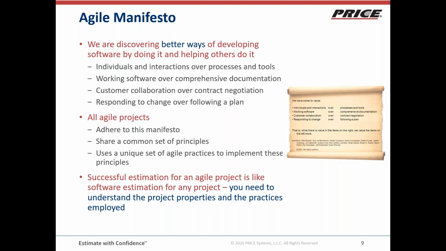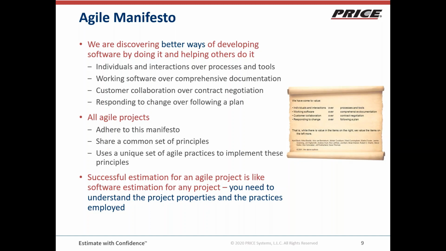And what's important about this, and the reason I read it to you, is that the things on the left are valued more than the things on the right. It's not saying that we're not going to follow a plan or not do contract negotiation. It's saying that we're going to value customer collaboration over contract negotiation.